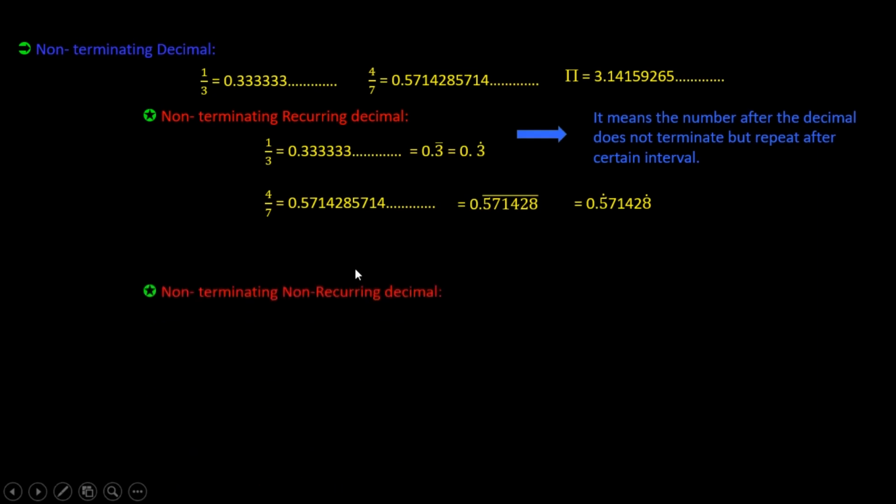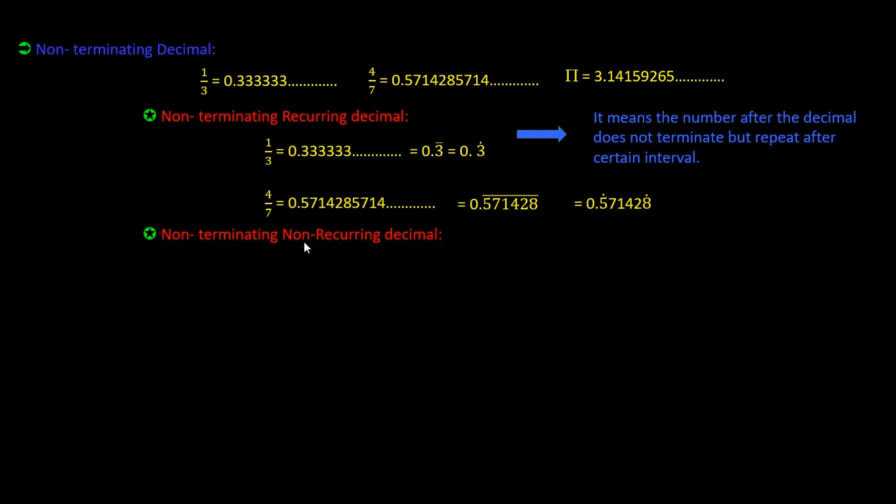And another type of non-terminating decimal is the non-terminating and non-recurring decimal. In recurring, the digits after the decimal are repeating, but in non-recurring decimals the digits after the decimal do not repeat.